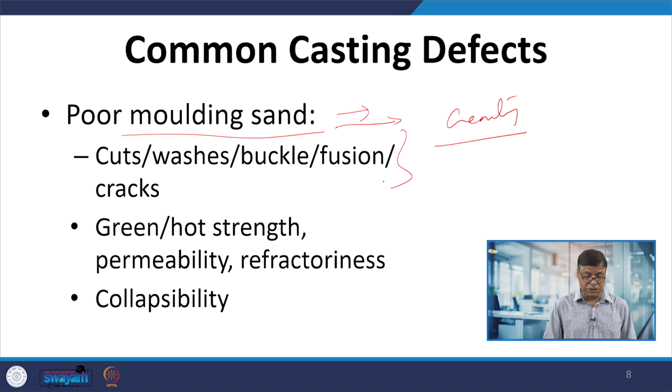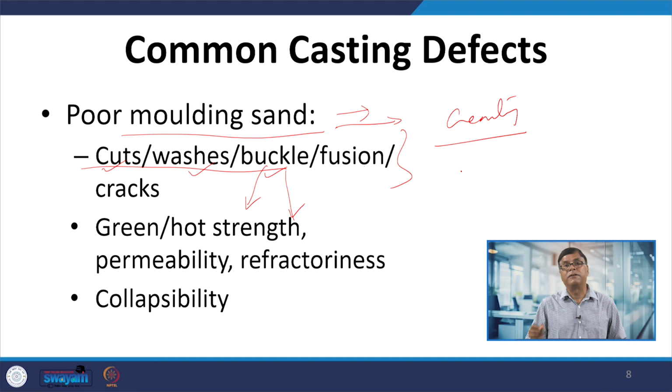These are the issues which are observed, and the cuts, washes and buckles occur primarily due to low green strength and low hot strength. Okay. Then the fusion is caused by the melting of the surface layers of the mold due to the poor refractoriness of the molding sand.